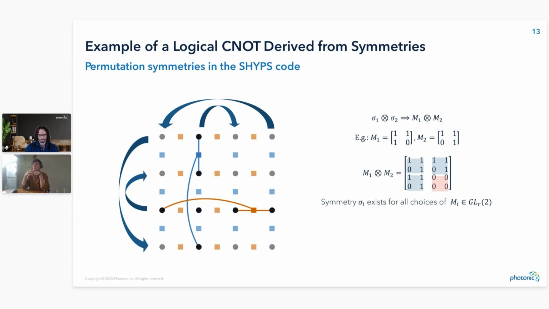And in particular, we have so many symmetries available to us that for any choice of invertible Mi that you please, you can find the corresponding symmetry that induces it. So this is great. This is a phenomenally large number of distinct logical operators that can be induced from these automorphisms. I guess the one thing I will mention is that the Mi has to be invertible. So that's going to be important for later on.